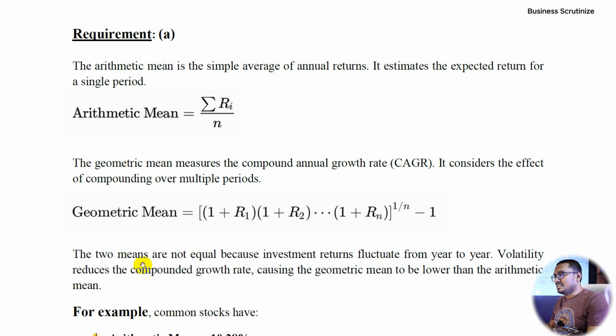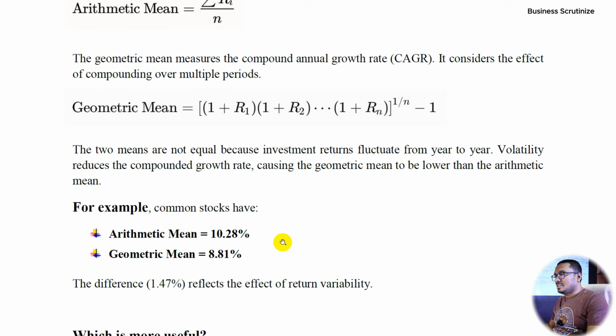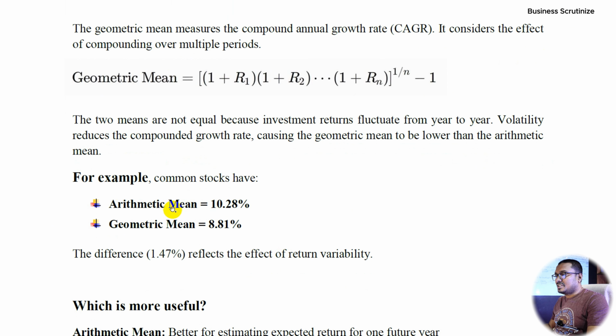The two means are not equal because investment returns fluctuate from year to year. Volatility reduces the compounded growth rate, causing the geometric mean to be lower than the arithmetic mean. For example, common stock has an arithmetic mean of 10.28% but a geometric mean of 8.81%.